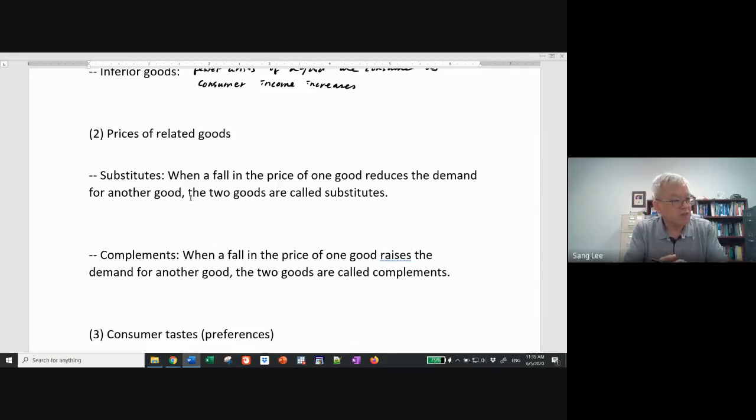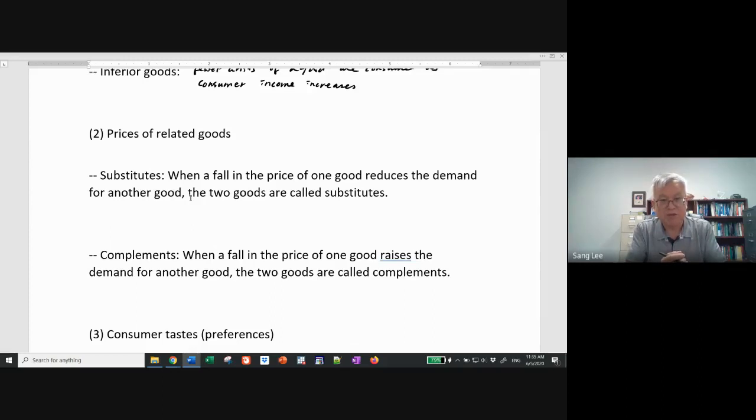Well, you may say hot dogs and hamburgers. Even though you can technically consume them together, we say probably they are in competition. And cinema tickets and online movie streaming services, now they are certainly in competition.